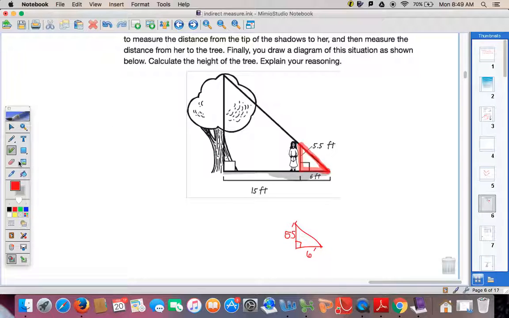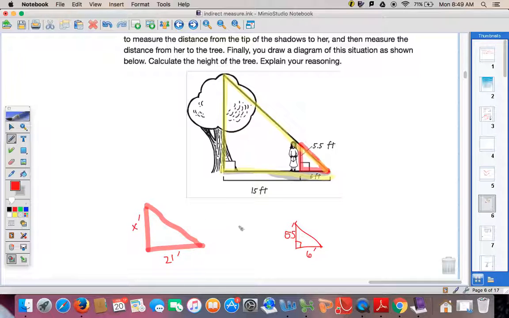And then we have this larger triangle right here. Okay, and again, these are similar by the angle-angle similarity theorem. Here's our larger triangle, and we know that this distance here, 15 and 6, is 21 feet, and this is our unknown.